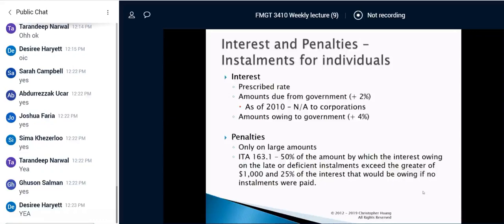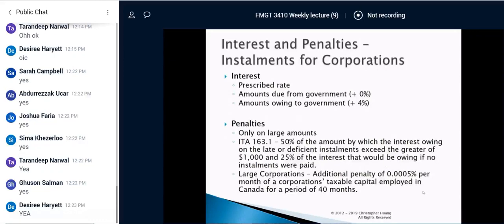If you're a corporation, here's the fun part. If the government owes you money, you just get the prescribed rate. You don't get 2%. If you owe money to the government, it's still prescribed plus 4. And then if you're a small corp, you're going to get the same kind of rule as individuals.